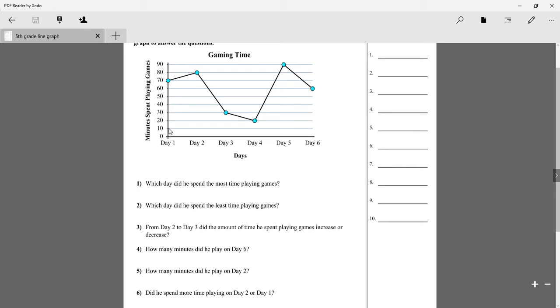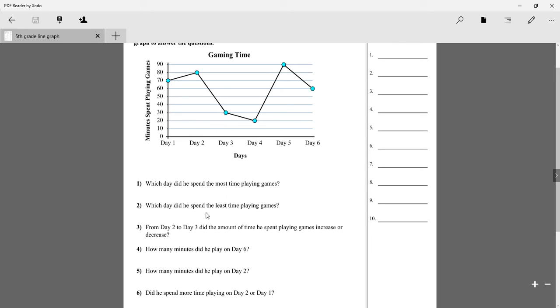The higher the point is on this graph, since the minutes are going up by 10 on each value of y, that means day 5 is the time he spent playing the most, and that is 90 minutes. Which day did he spend the least? Day 4, it's the lowest, right?